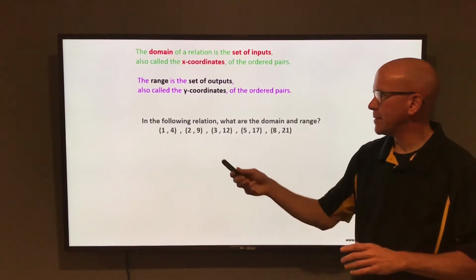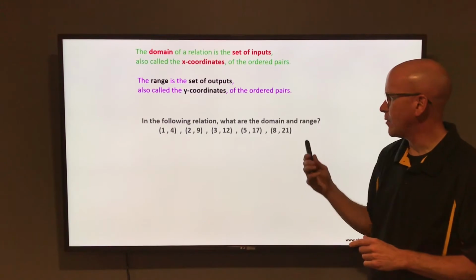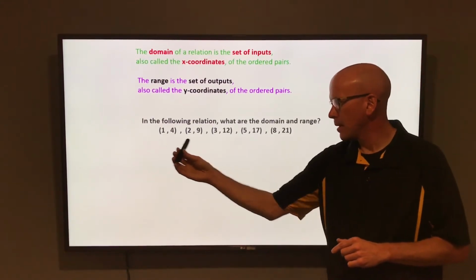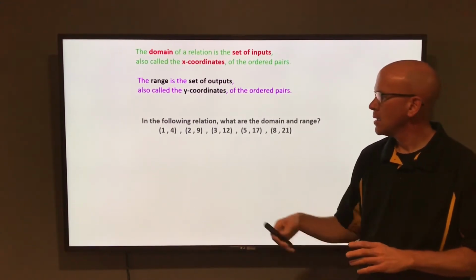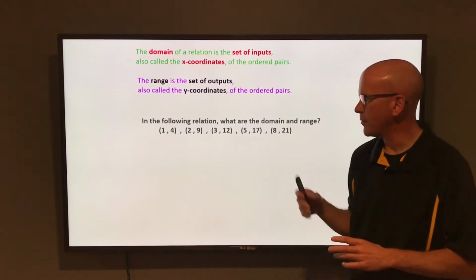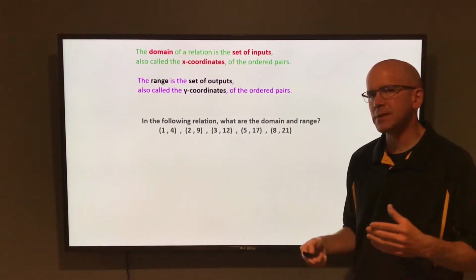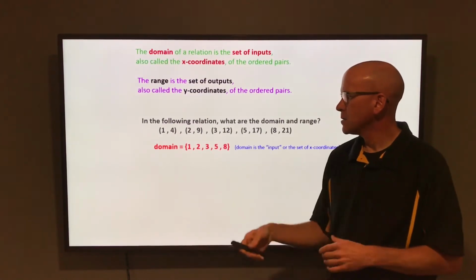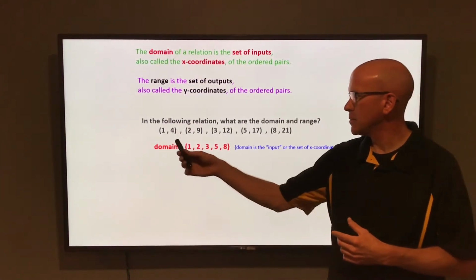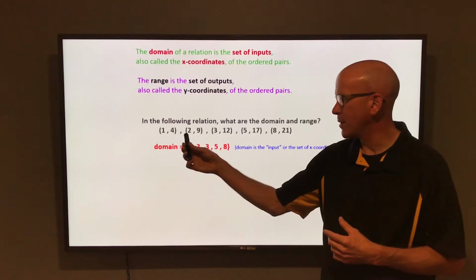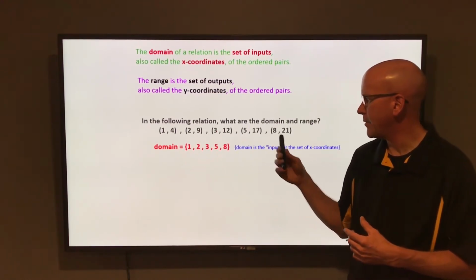So if you're asked in the following relation, what are the domain and the range of this relation? You have a set of XY coordinates, and you need to state the domain and the range. So the domain is simply the X values. If you're asked to state the domain, you would just list the X values. You have X values of 1, 2, 3, 5, and 8.